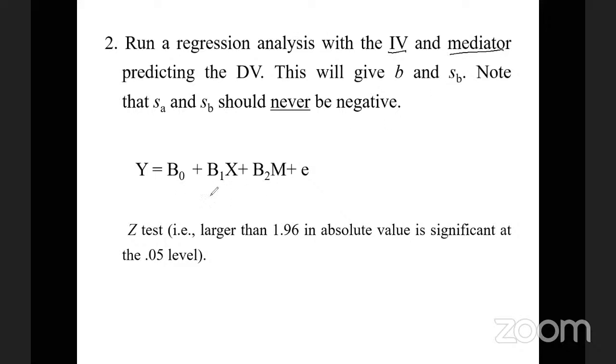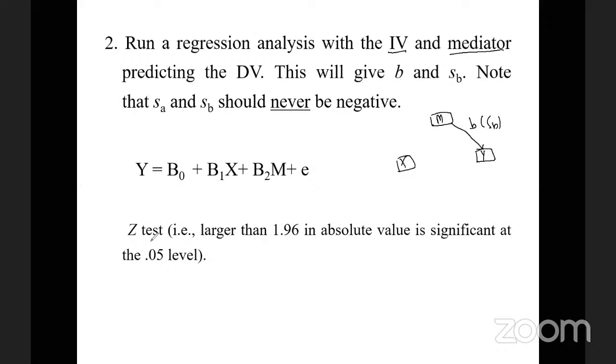Here the mediator variable, Y, is the DV, and this one is X. We will use multiple regression analysis, and through this equation we will get the values of B and SB. For conducting the Sobel test, we need A, SA, B, and SB.